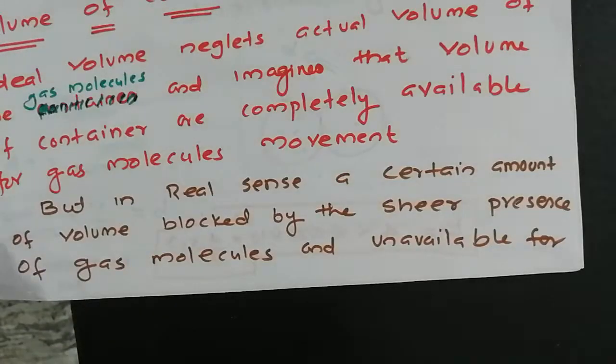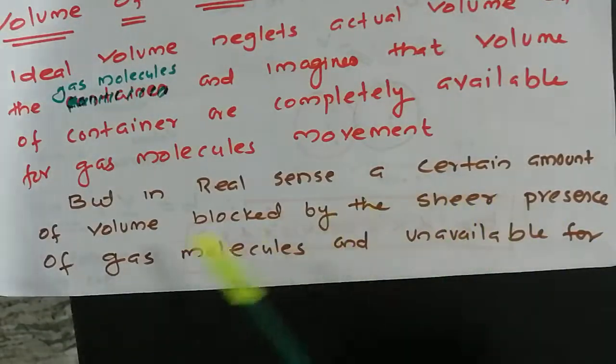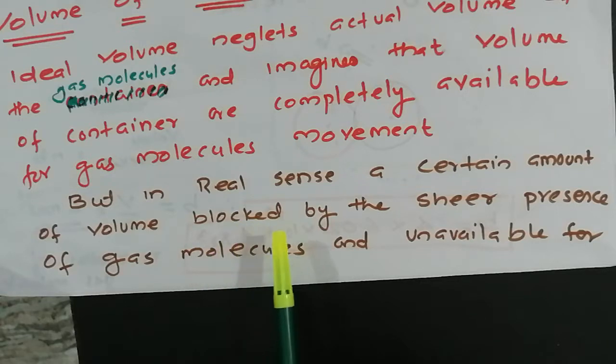But in reality, a certain amount of volume is blocked by the sheer presence of gas molecules. Because of the gas molecules present in the container, a certain amount of volume is unavailable for movement.